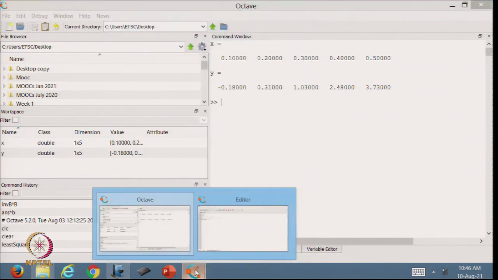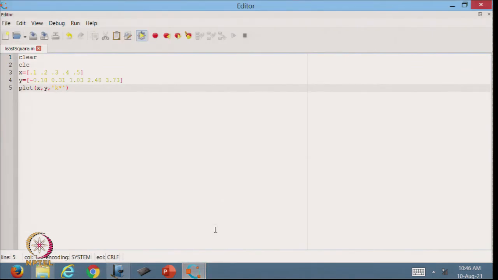Now, we continue with our code. This is the plot I have taken till here. Now, first I will take the things for the linear fit.